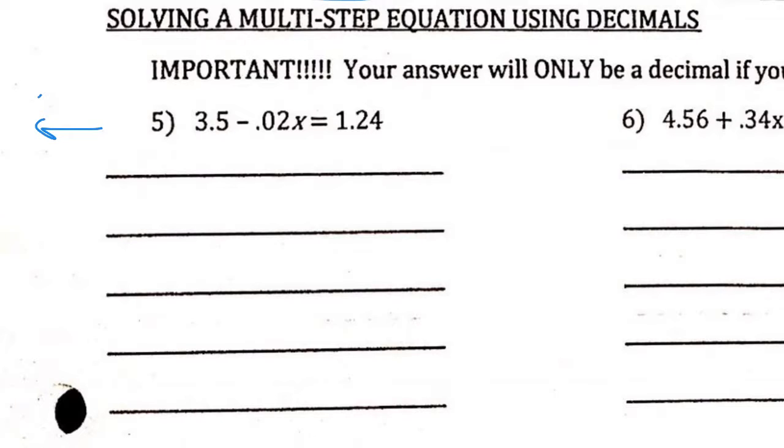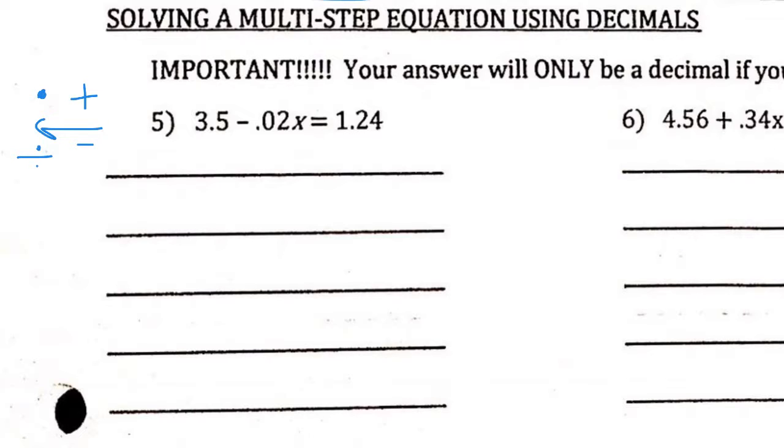The first thing we see is multiplication. It's getting multiplied by 0.02. And then we see addition because we have a positive 3.5. So to undo that, the opposite of multiplication is division. The opposite of addition is subtraction.